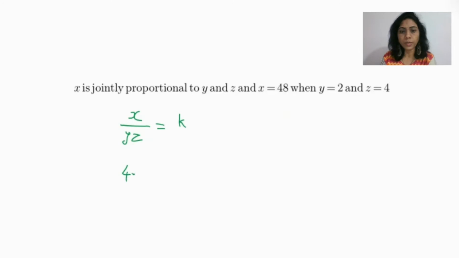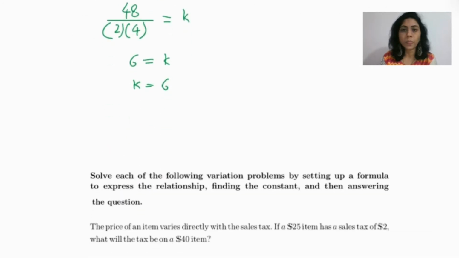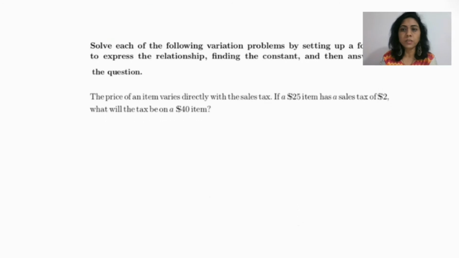What is the x value? 48. What is the y value? 2. And what is the z value? 4. We can easily find this. So 2 times 4 is 8, and 8 times 6 is 48. So what is the k value? What is the constant here? 6, right? Easy question, isn't it?